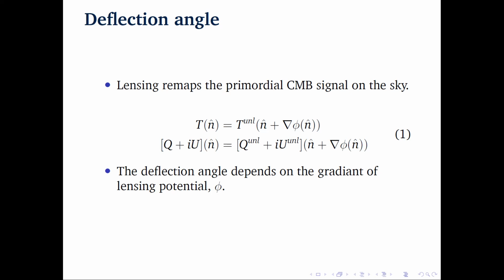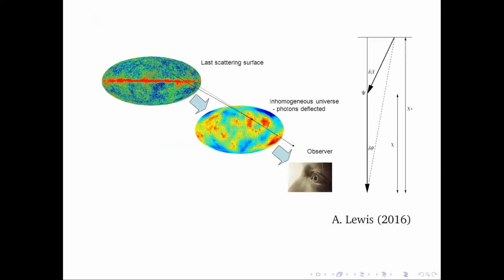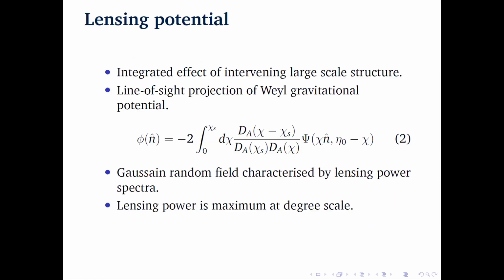This deflection angle depends on the gradient of a quantity called the lensing potential. This lensing potential is the integrated effect of the potential that the photons encounter during their journey, so you can see it's integrated along the line of sight.